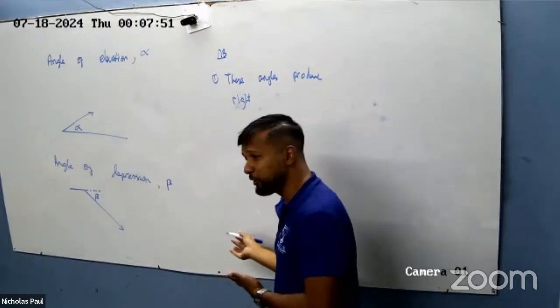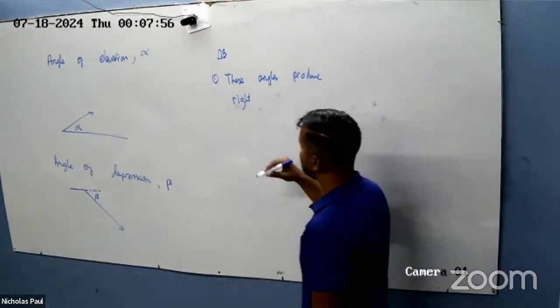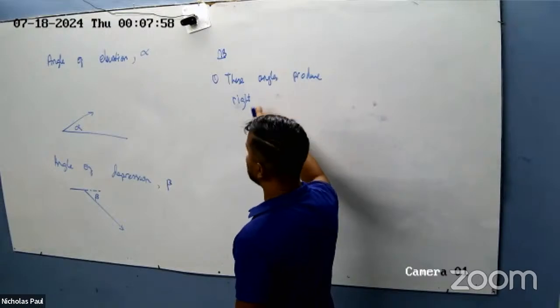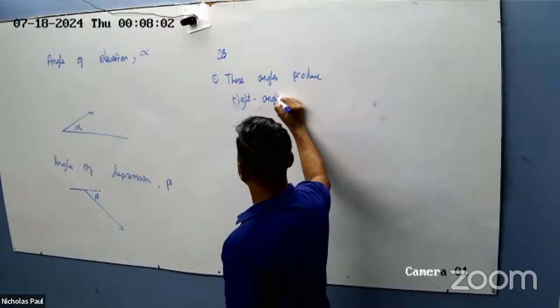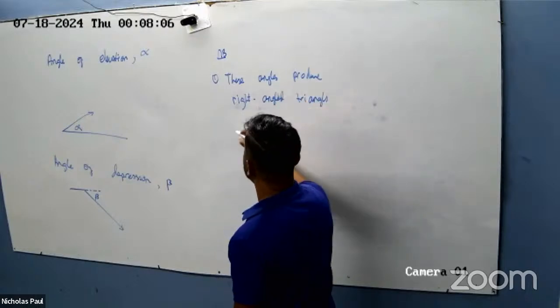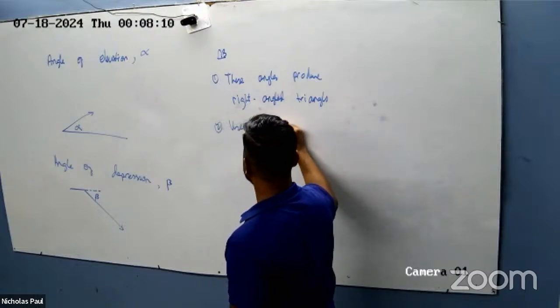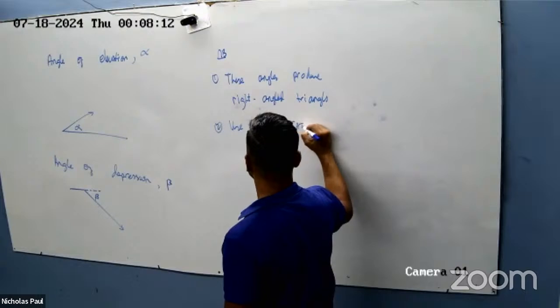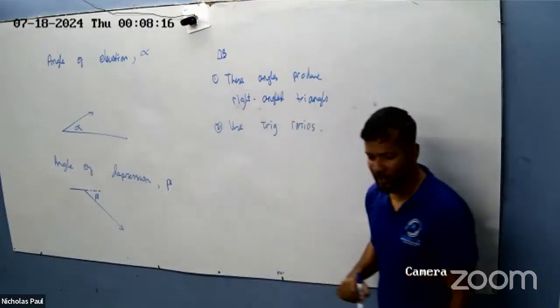We could also use the cosine and sine rule, but let's just use this. I will show you later on how to use cosine and sine rule for everything.